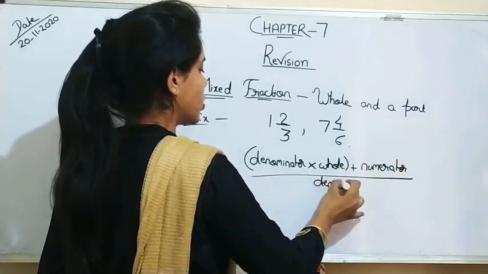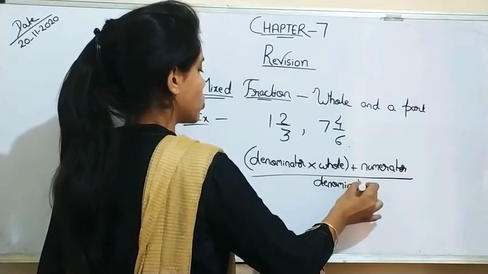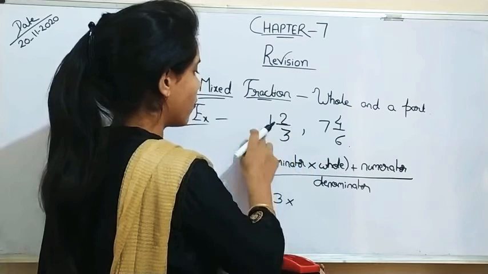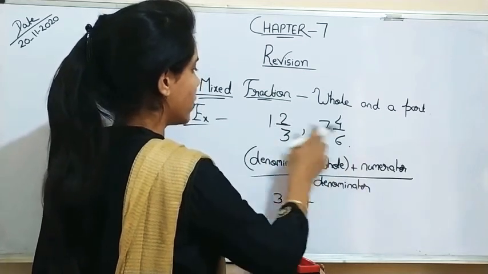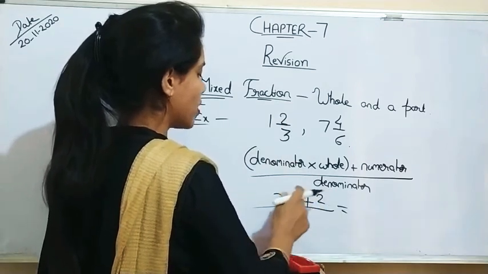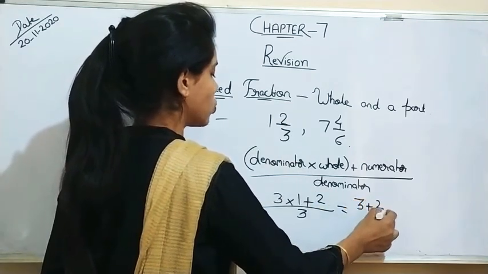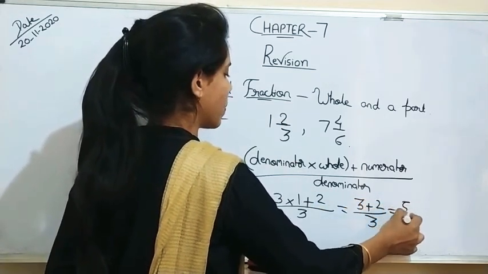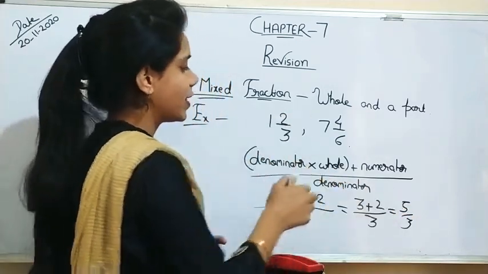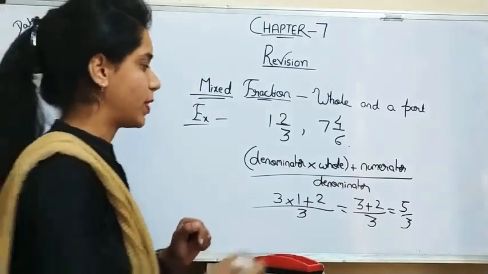So the denominator here is 3, multiplied by the whole, which is 1, plus the numerator, which is 2. Denominator is 3. So 3 ones are 3, 3 plus 2 by 3, 5 by 3. 5 by 3 will be an improper fraction.